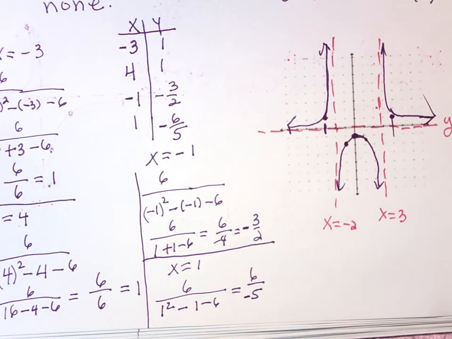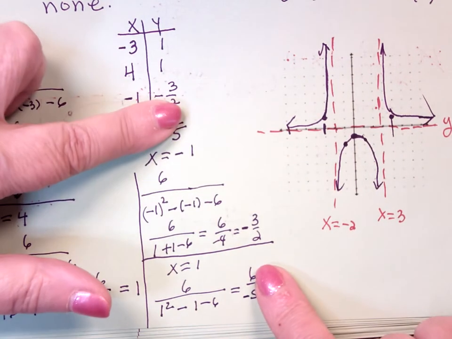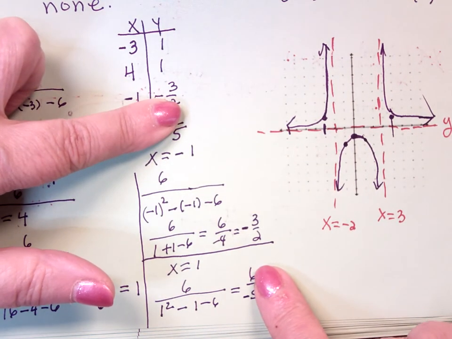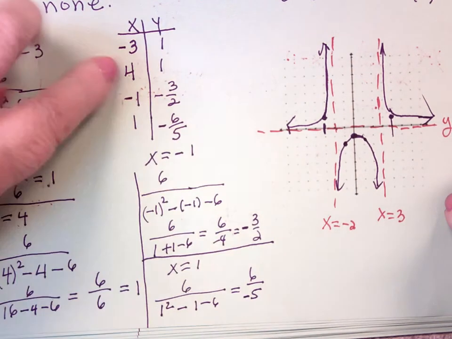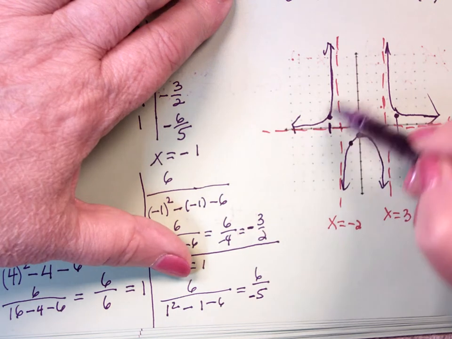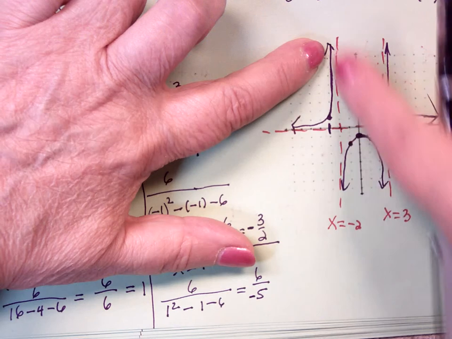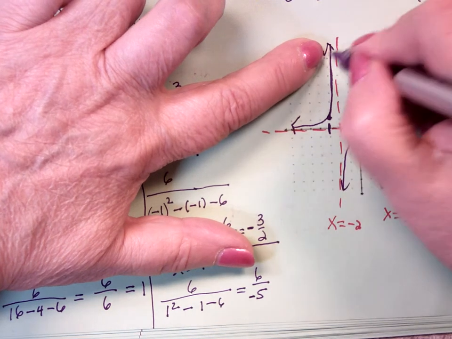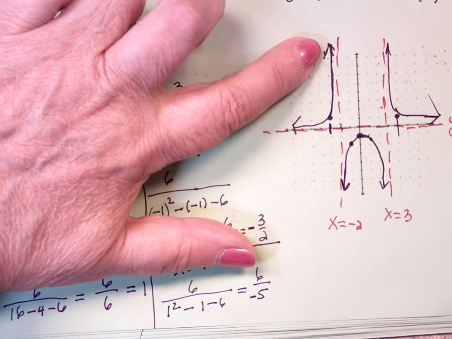Now, what I know is this. I didn't have to do these 2 inside points if I didn't want to. And why is that? Once I knew the graph was here, my asymptote is multiplicity 1. That means if this arrow goes up, this one goes down.